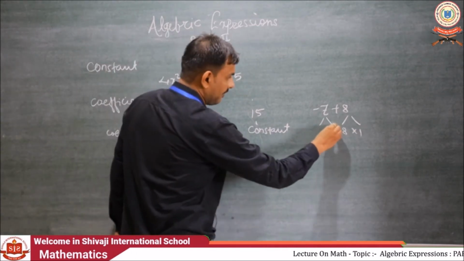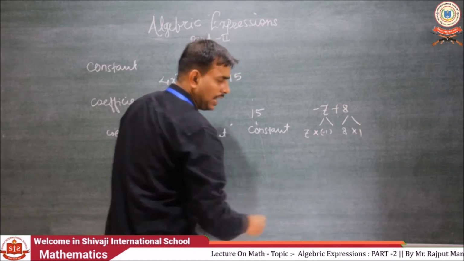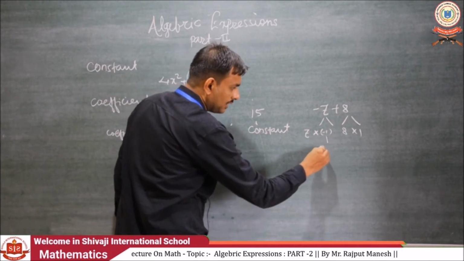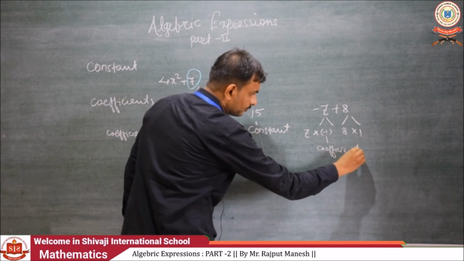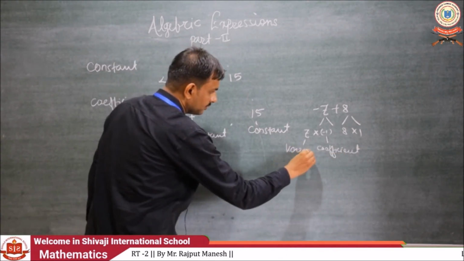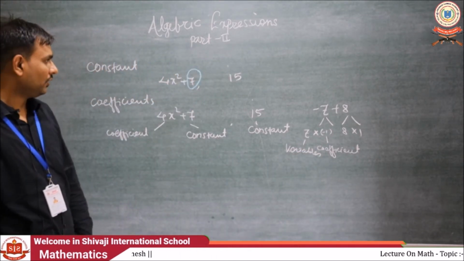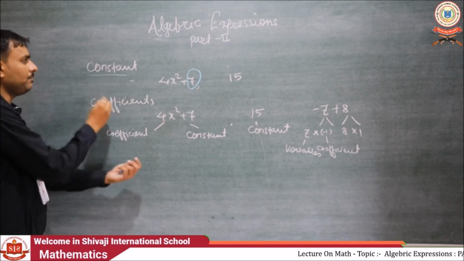Here the factors are z multiplied by negative 1. So here negative 1 is the coefficient, and z is nothing but the variable. Fine? Okay.